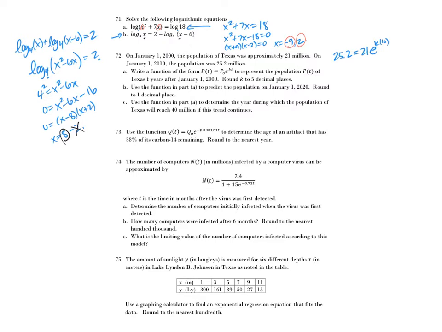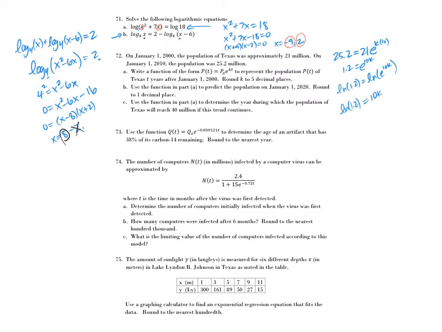So I can divide both sides by 21, first of all. 25.2 divided by 21 gives us 1.2. And then I can take the natural log of both sides. So the natural log of 1.2 is equal to the natural log of e to the 10k. And so by one of my properties of logs, that right-hand side just reduces to 10k.